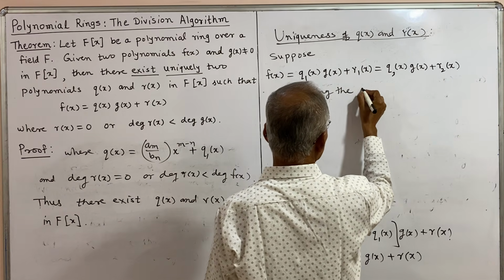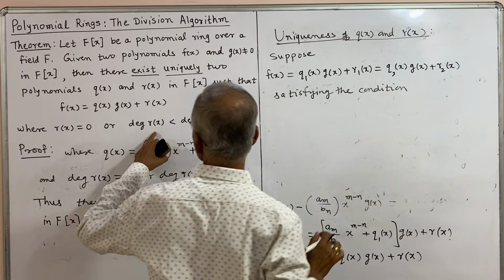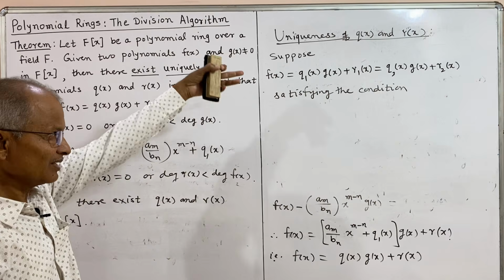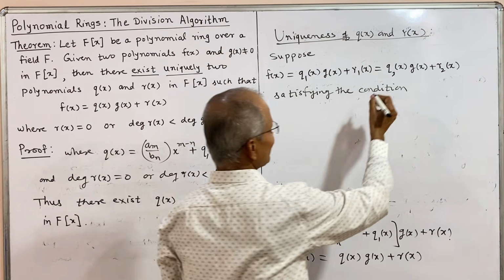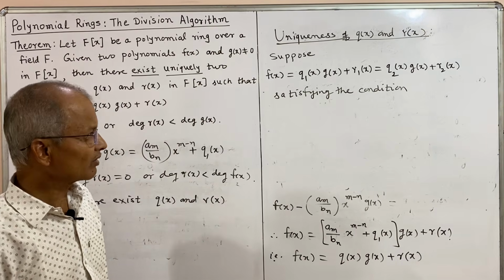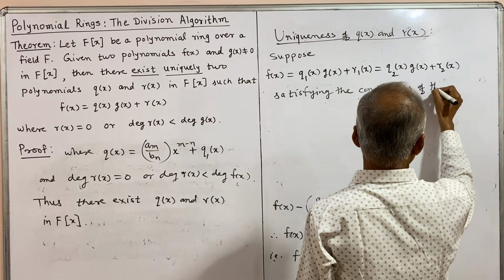The conditions of the theorem mean degree of r1 is 0 or degree of r1 is less than g of x. Similarly for r2, degree of r2 is 0 or degree of r2 is less than degree of g of x, satisfying the conditions of the theorem.